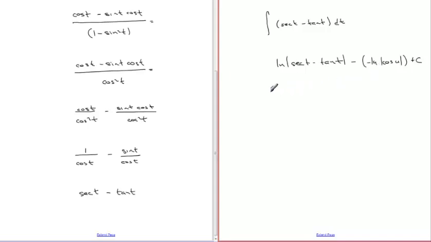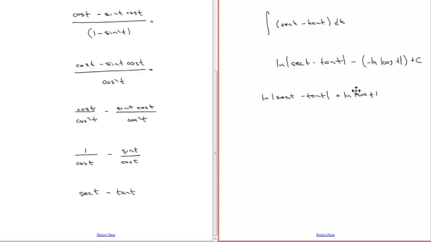In this case, this is going to end up being positive, so let's do that. So we have the secant of t minus the tangent of t plus the natural log of the absolute value of the cosine of t. It looks like I used a u up here because I was reading it out of the book. So that's the cosine of t.